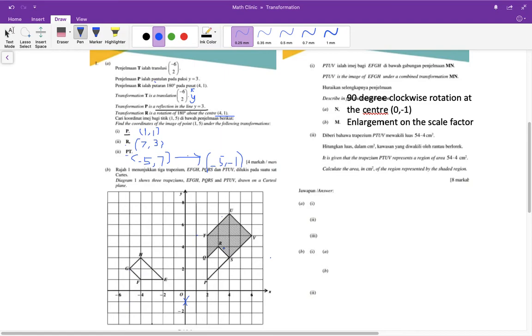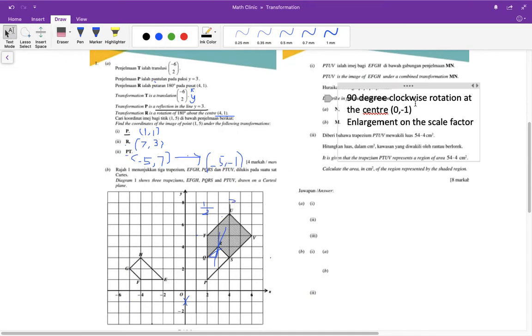So just prepare for your SPM. From this big image to this object, the scale factor is 1/2 because it's half the size of the big one. This is twice the size of the small triangle over here. So if it's from this one to this one, it is 1 over 2, but if it's from the small one to the big one, just write 2.